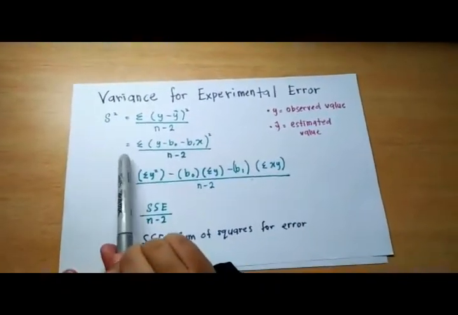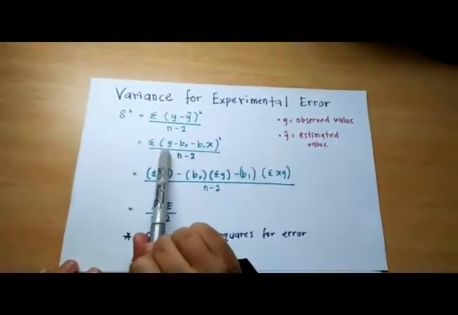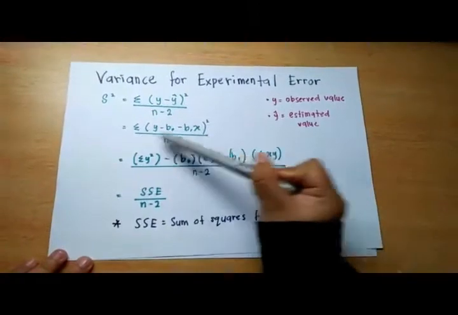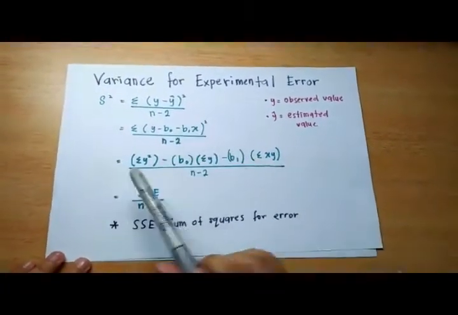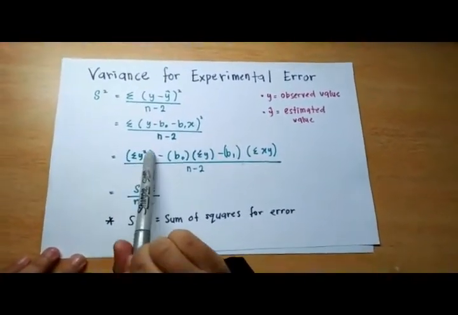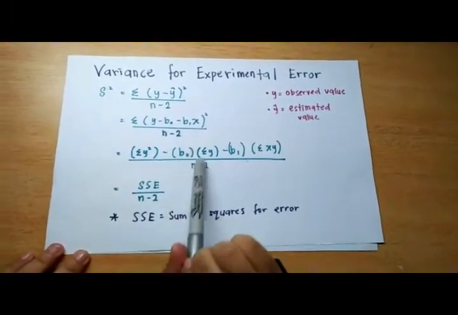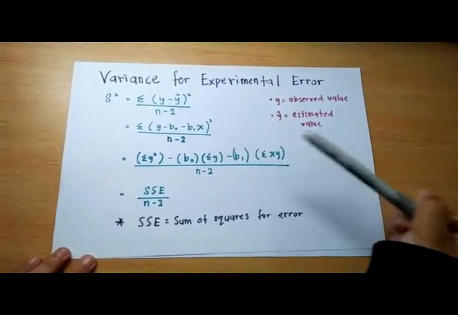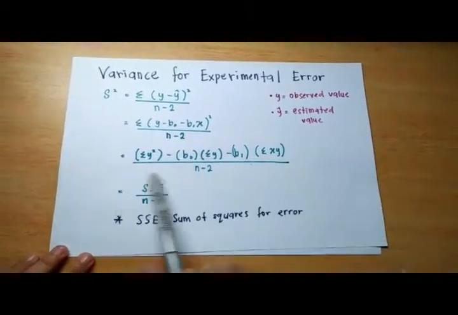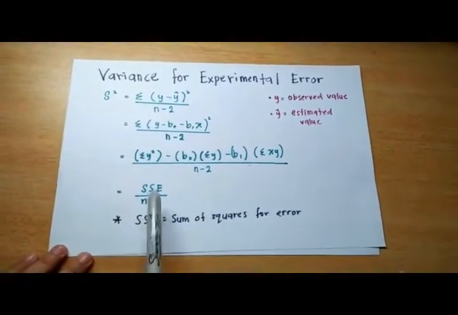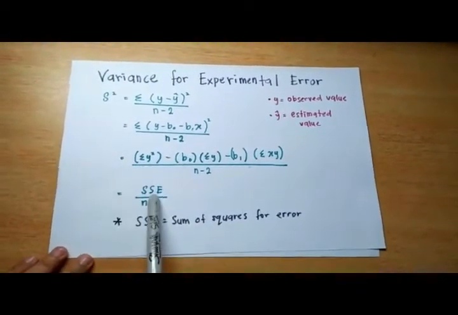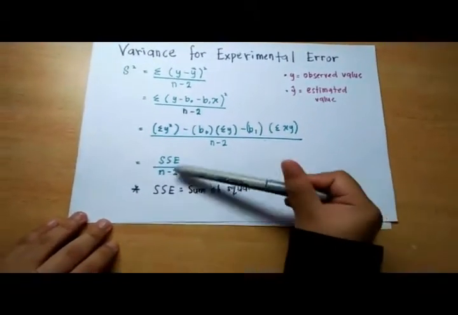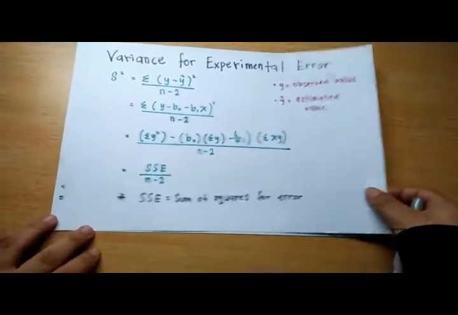The derivation is total of y minus b naught minus b1x, squared, divided by n minus 2, and then total of y squared minus b naught times total of y minus b1 multiplied by total of xy, then divided by n minus 2. This numerator is the SSE, the sum of squares for error. Then we divide by n minus 2.